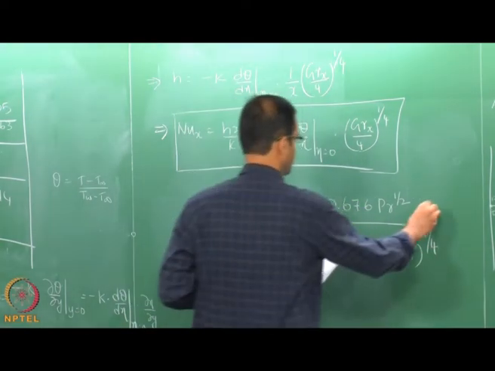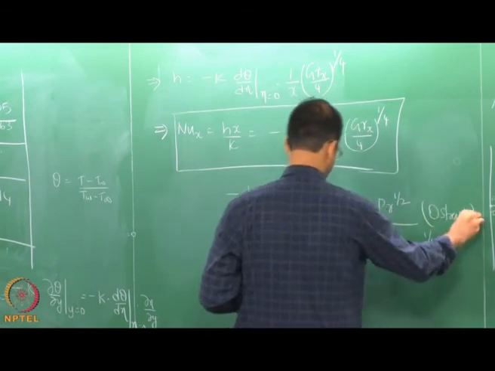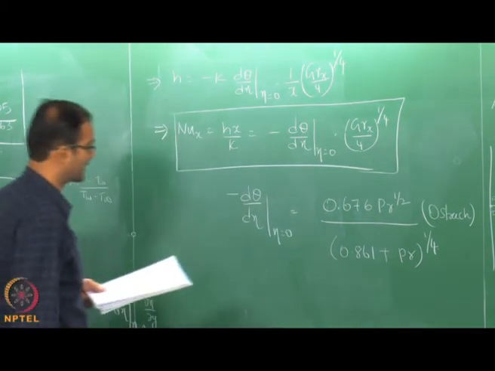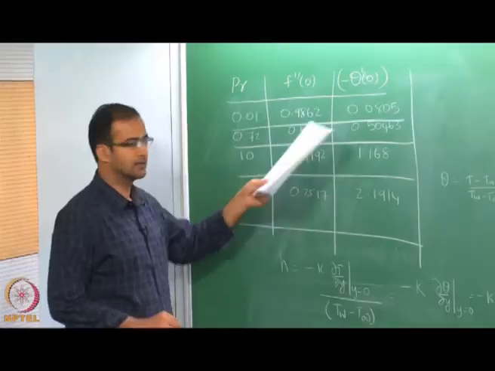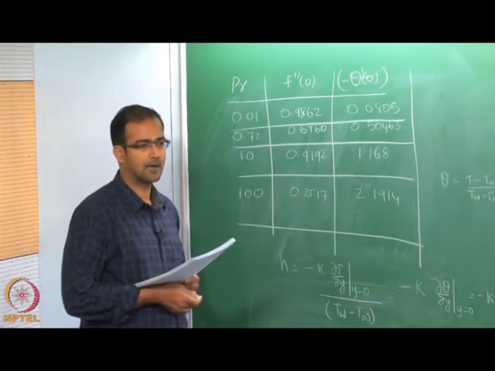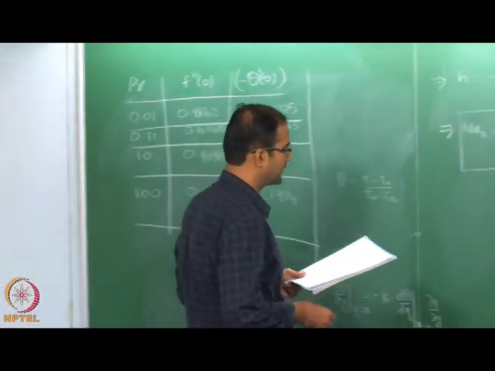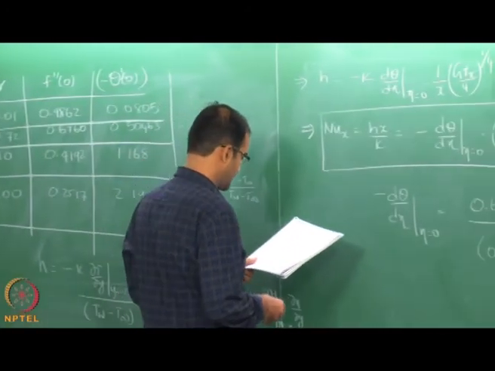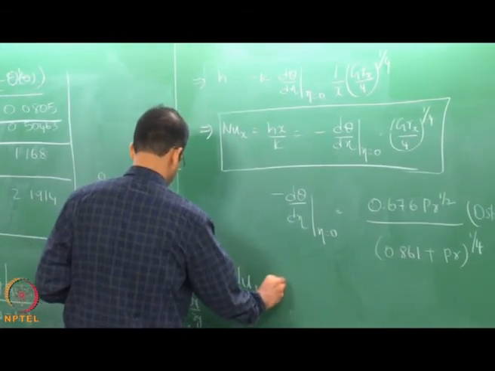So, this was by Ostrach. You can do a quick check for Prandtl number equal to 0.7 whether you recover the value shown here. If you have a calculator, you can quickly check that. So, therefore, with this curve fit, we can write down the final expression for Nusselt number.